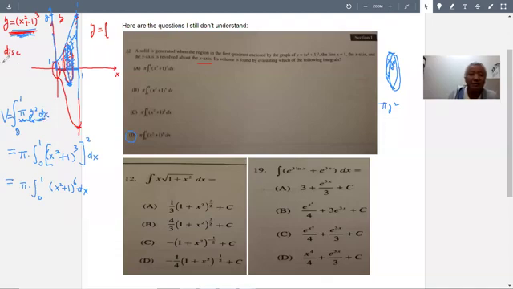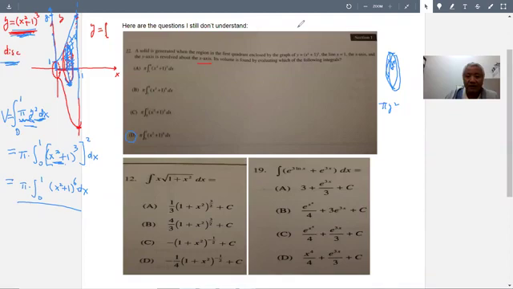That's why this method is called the disk method. And then integration means adding all those disks. So from 0 to 1, that's this one. After you got this, simply plug in the y above, then simplify, and you can get this one. Okay? So this is about number 22.